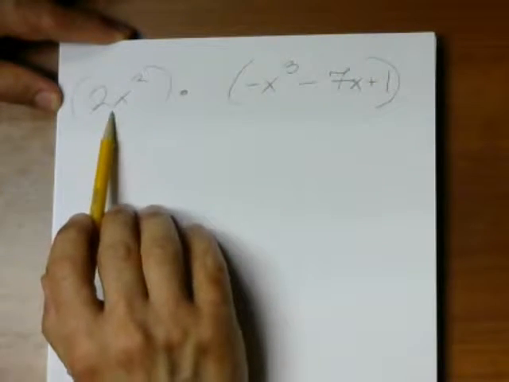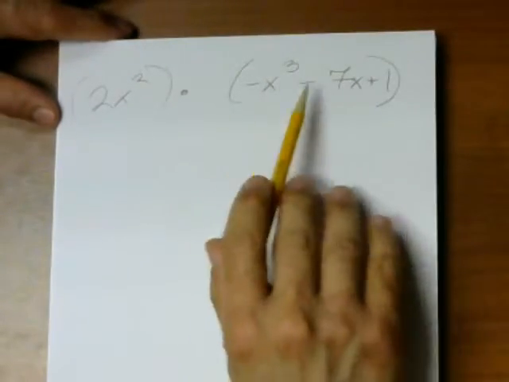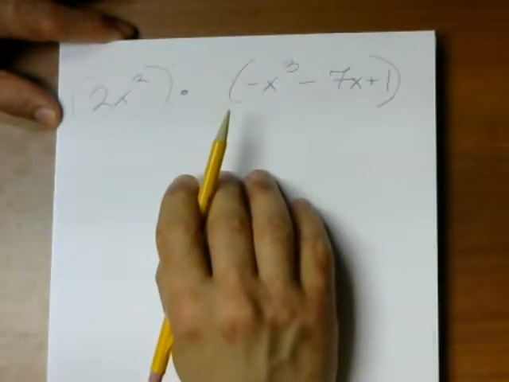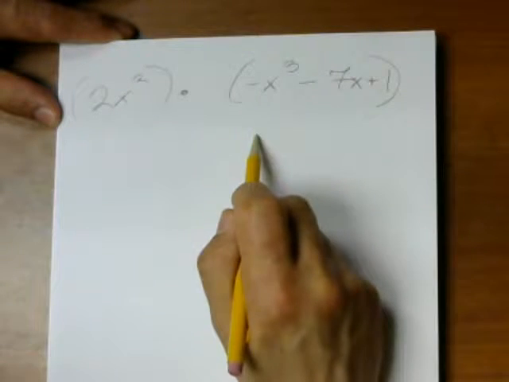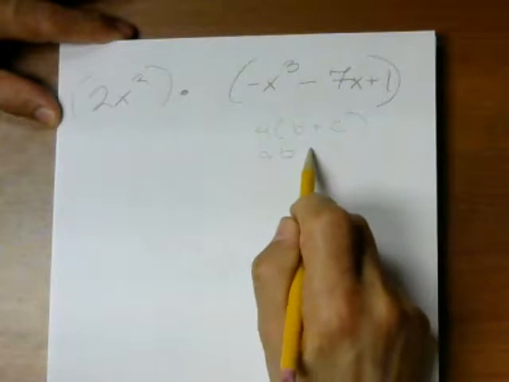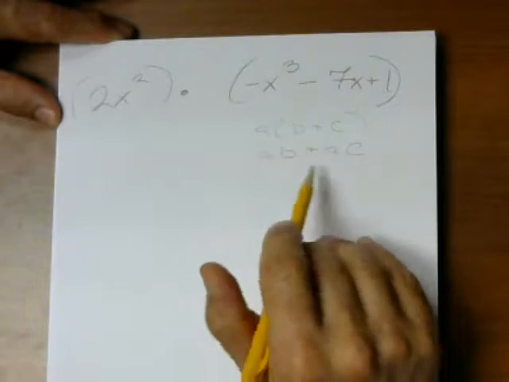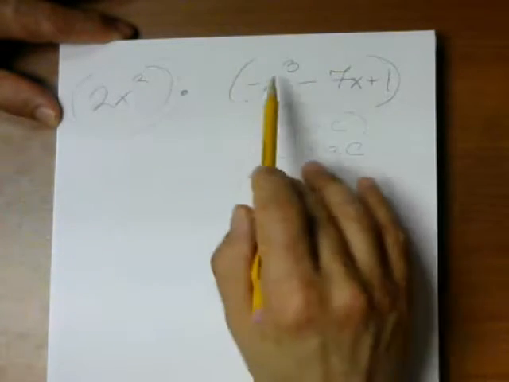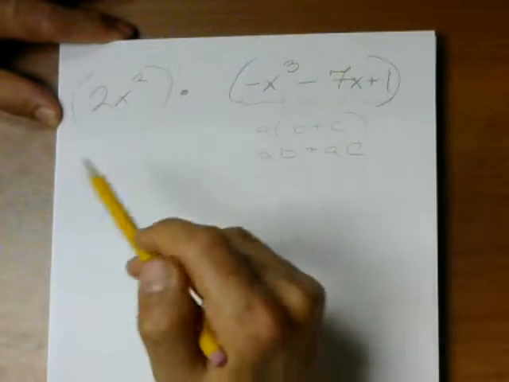This happens to be a monomial, this happens to be a trinomial, that's fine, whatever. We don't care, we just want to multiply two polynomials. Well, I know that in general, whenever I have something of the form a times b plus c, I can take ab plus ac.